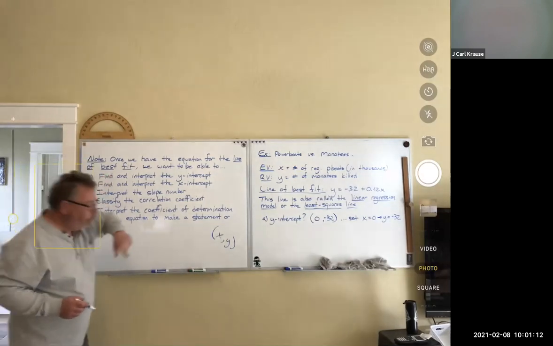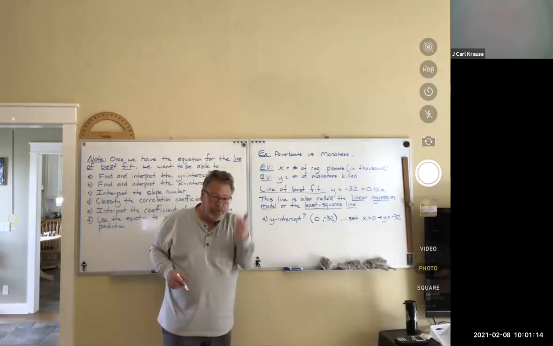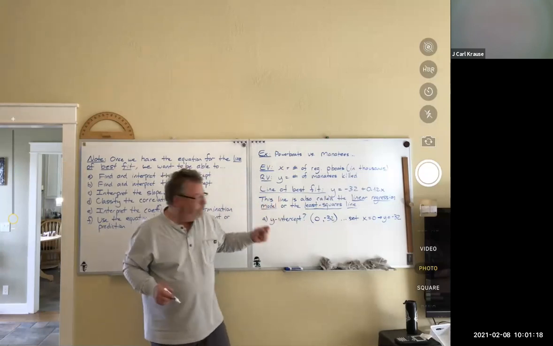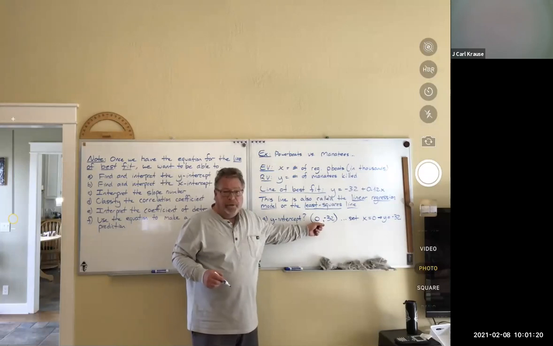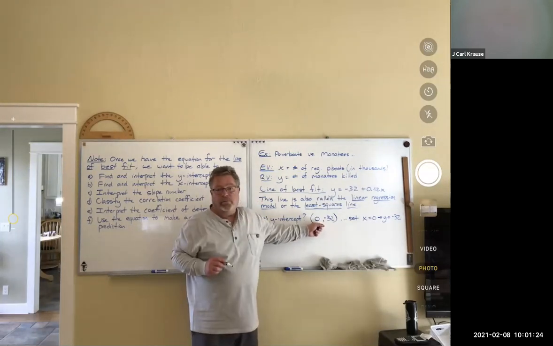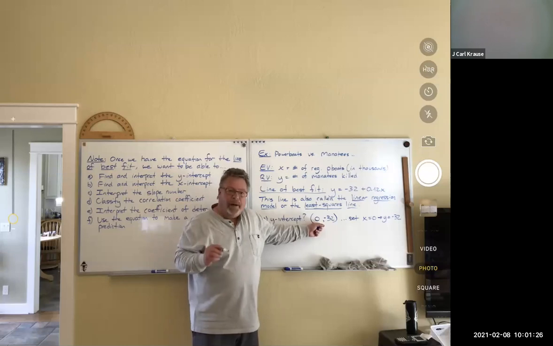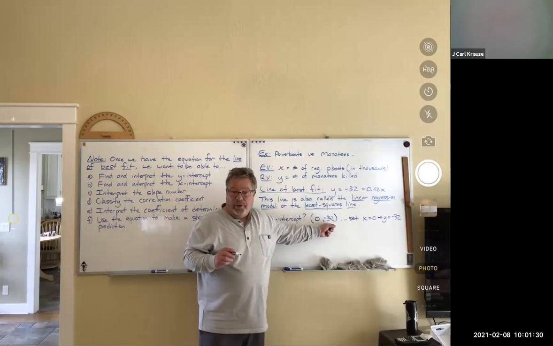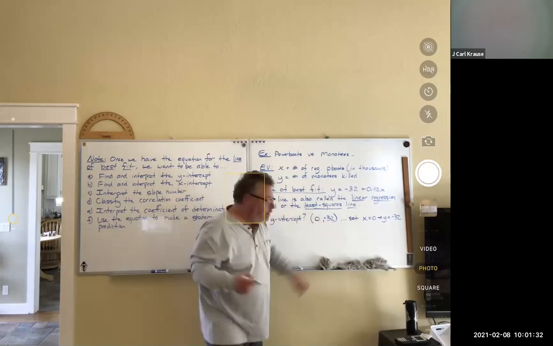Now, the interpret means put into words what those two numbers mean. 0 what? 0 registered powerboats, because x is registered powerboats. So 0 registered powerboats, -32 manatees killed.